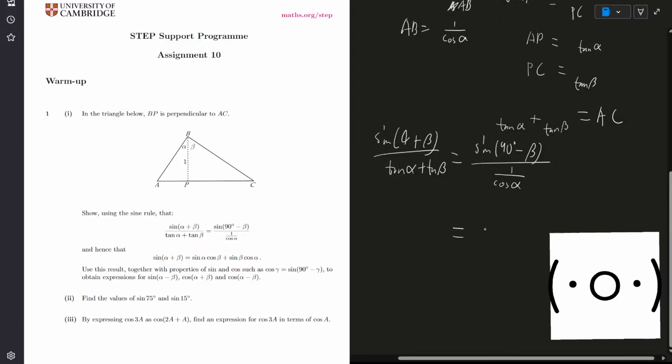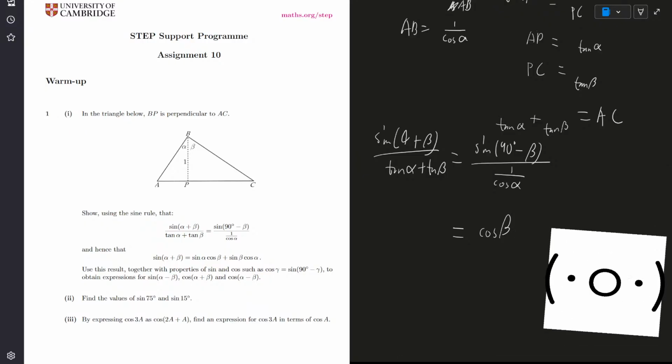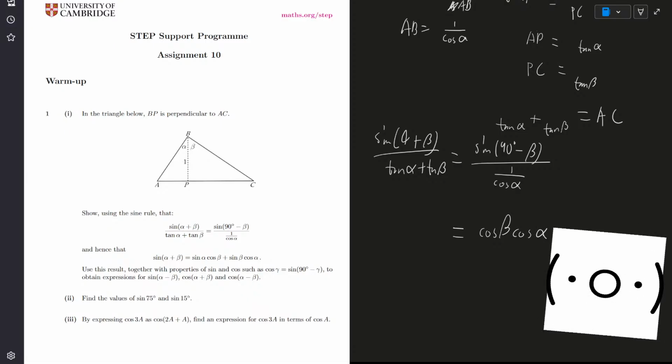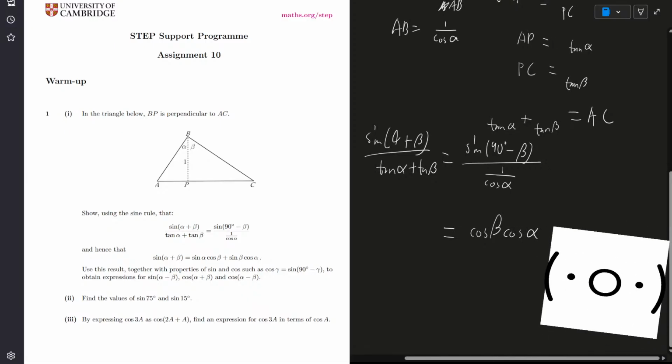Let's see. So we can pretty clearly say that this is cosine alpha, and since this is divided, this is to the power of -1, and then to the power of -1 again. So this becomes simply cosine alpha.